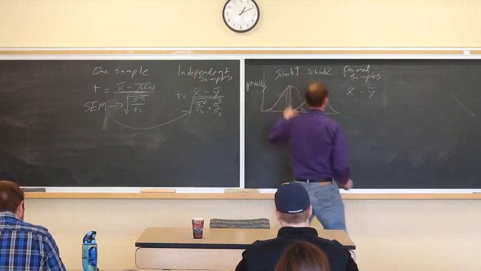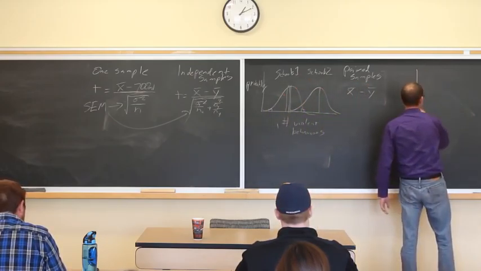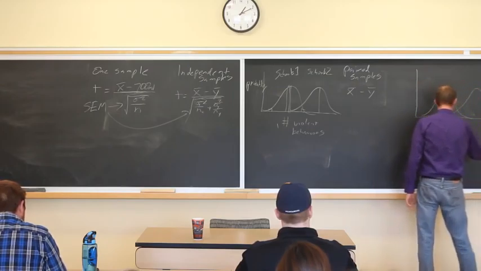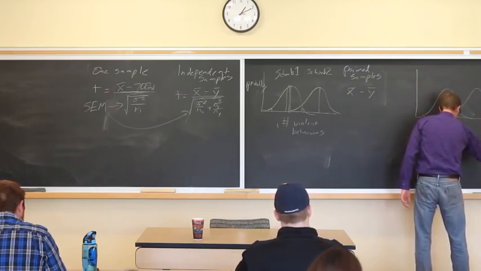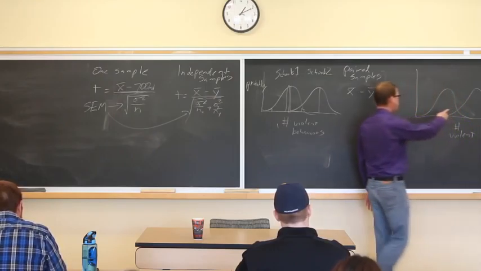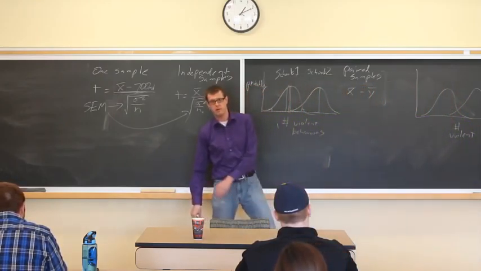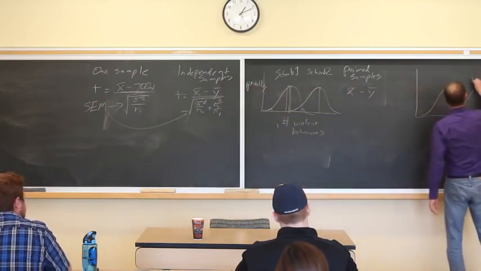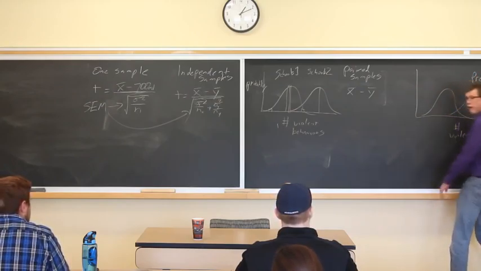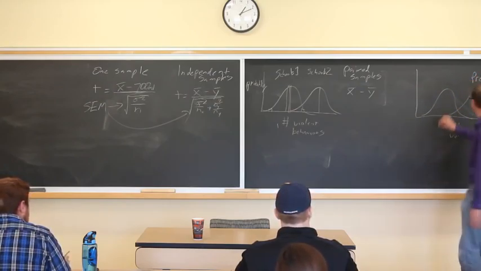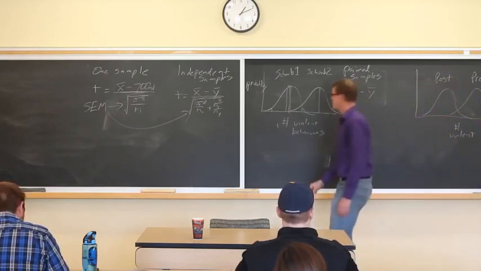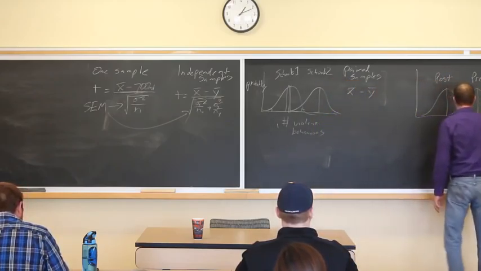So instead of school 1 and school 2, we might have the pre and the post, hopefully. Pre, more violent, before the intervention, right? And post. Right? So we have the means that we observe.